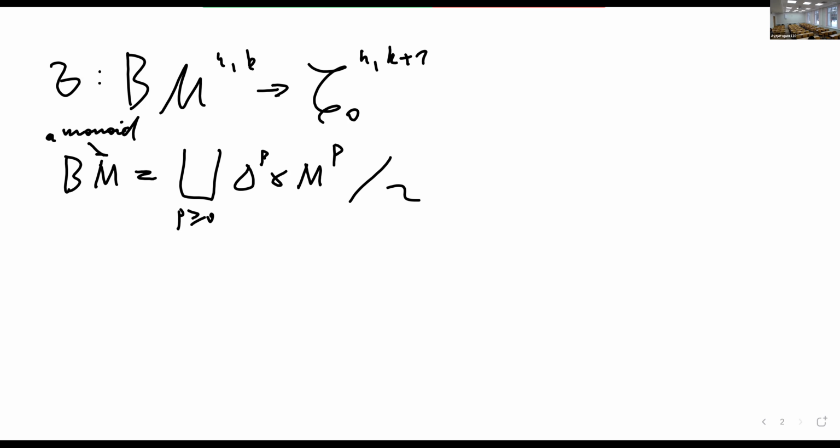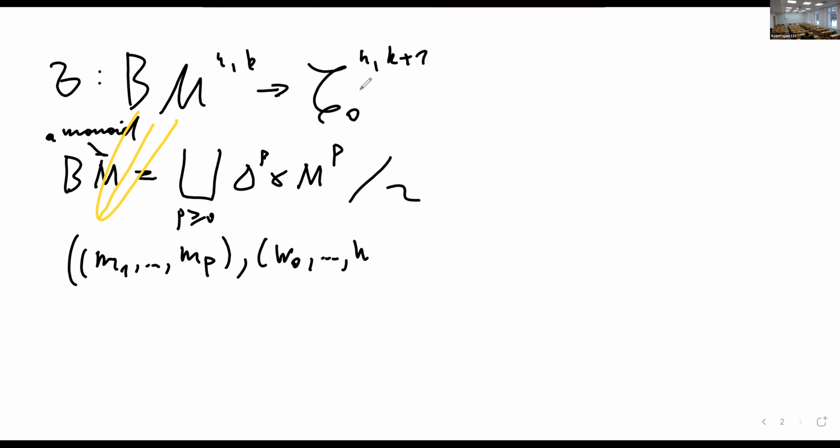Okay. Now, what are the elements of BM, of the classifying space?